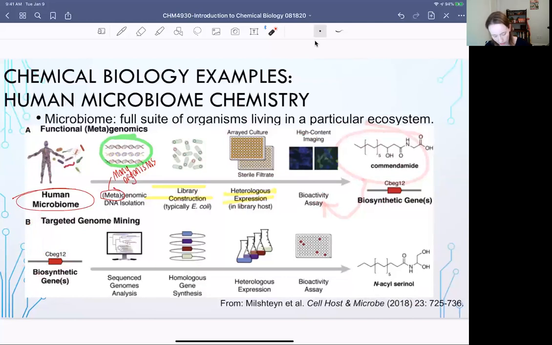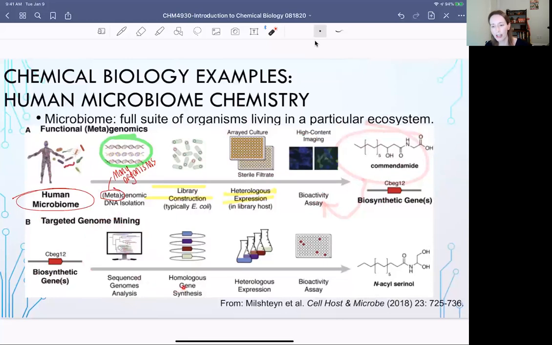We call those biosynthetic genes because they encode for enzymes that catalyze chemical reactions. So if we have some idea from previously discovered genes and enzymes that a particular protein sequence will result in a particular chemical reaction, we can look at other related organisms and find protein sequences, or DNA sequences really, that are similar. And we can compare those to the known sequences.